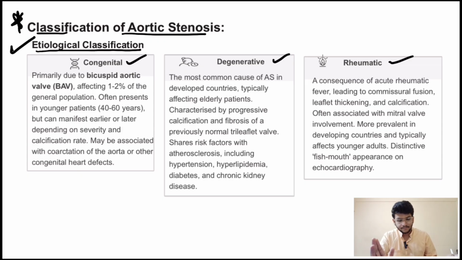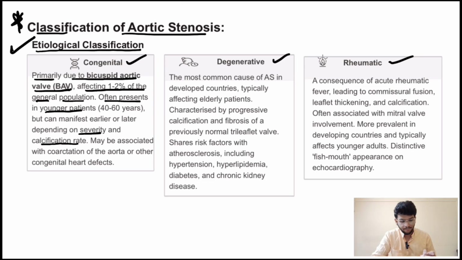In the congenital one, primarily it occurs due to bicuspid aortic valve affecting 1 to 2% of general population, often present in younger patients but can manifest earlier or later depending on the severity and calcification rate. May be associated with coarctation of aorta and other congenital heart defects.